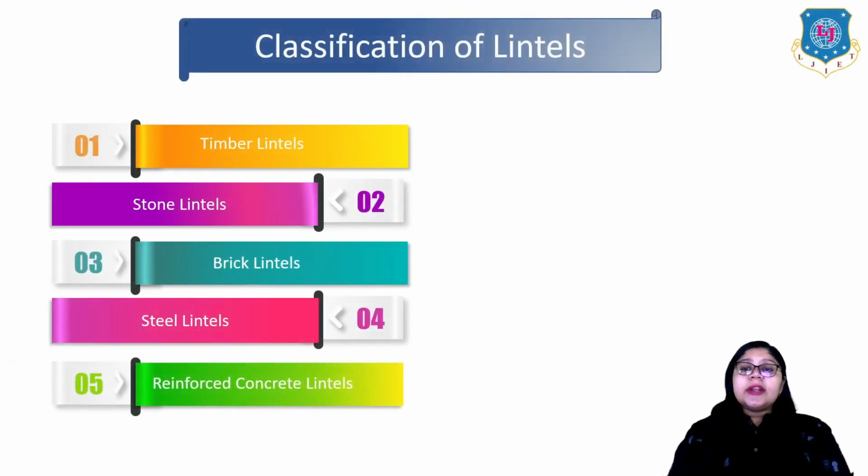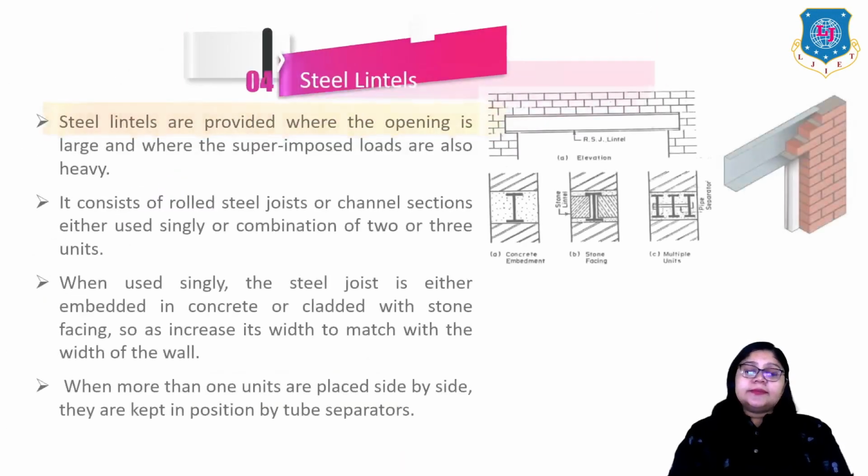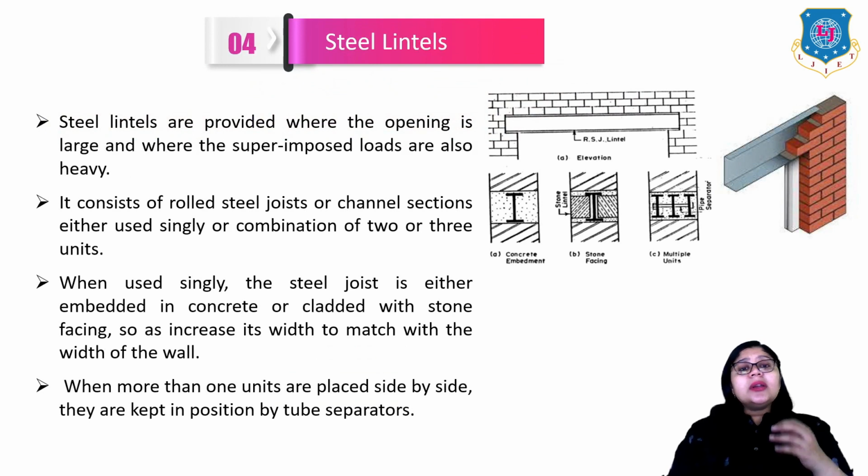Now let us move to the next type, which is steel lintels. The simple concept is that we use steel as a material for providing the lintels. Steel lintels are provided where the opening is large and where the superimposed loads are also heavy. It consists of rolled steel joist or channel section, used either singly or in a combination of 2 or 3 units.